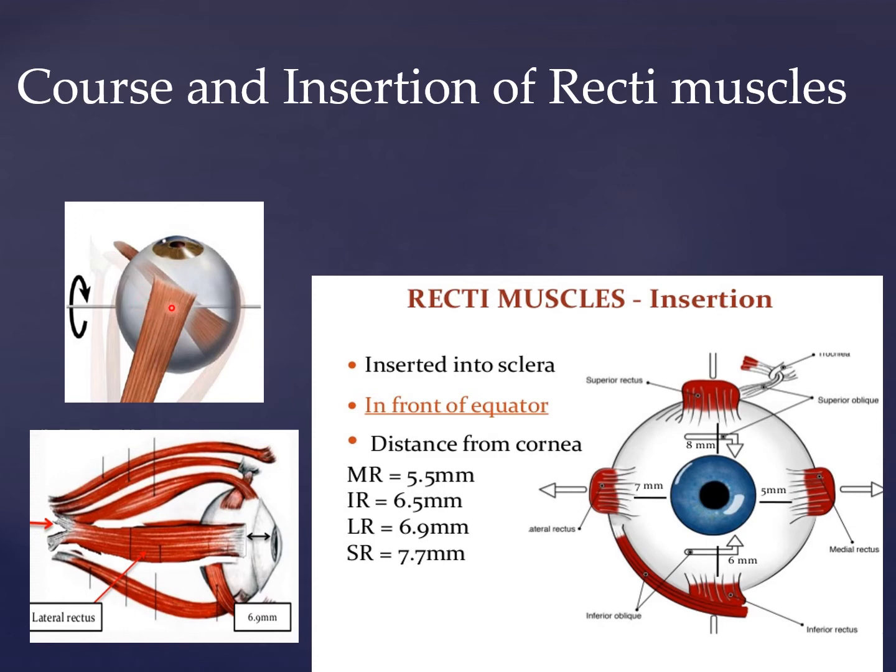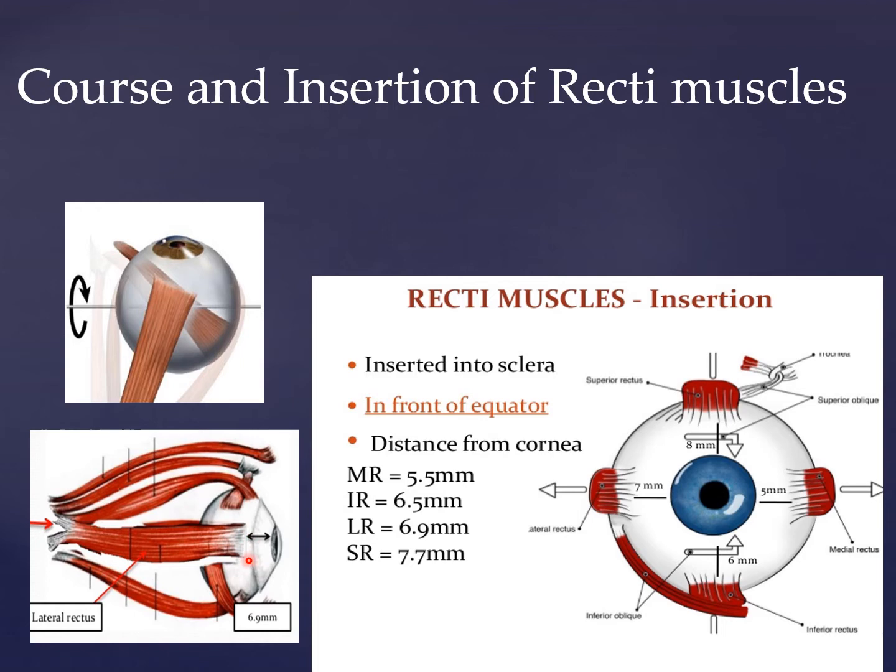Here you see this rectus, it is actually the superior rectus. It is crossing the equator and inserting behind the limbus at some fixed distance. This is the lateral rectus. Roughly here is the equator of the eyeball, and this rectus is originating from the orbital apex and it is crossing the equator and inserts into the sclera behind the limbus.